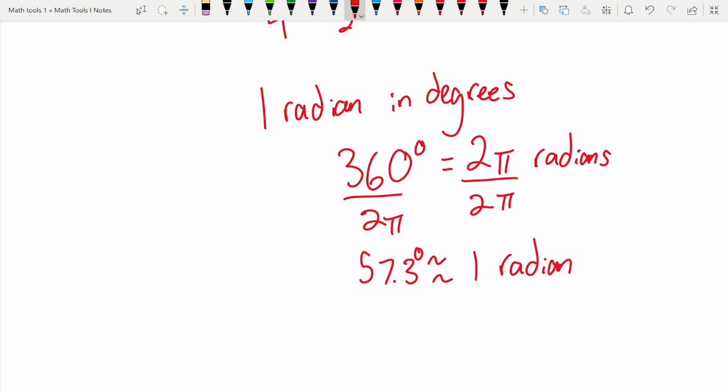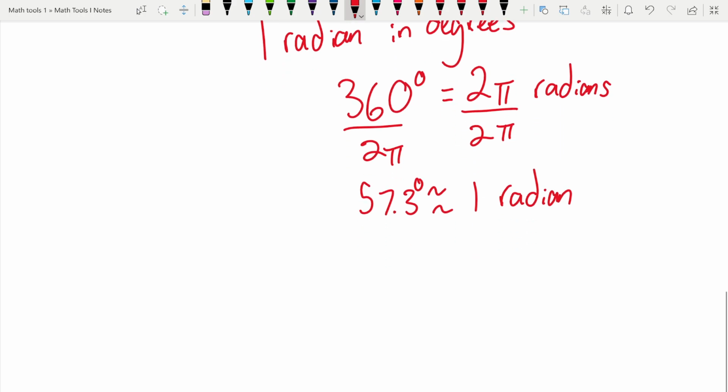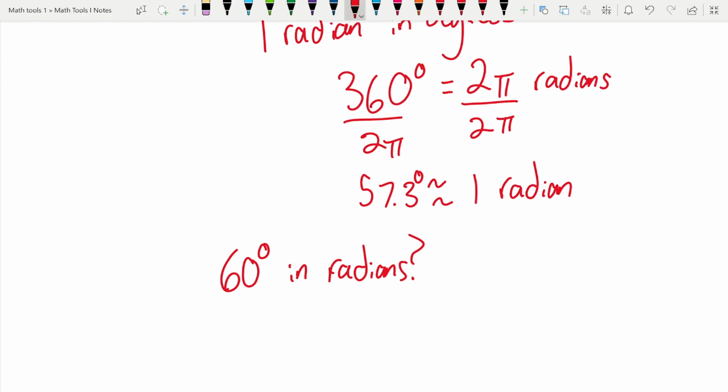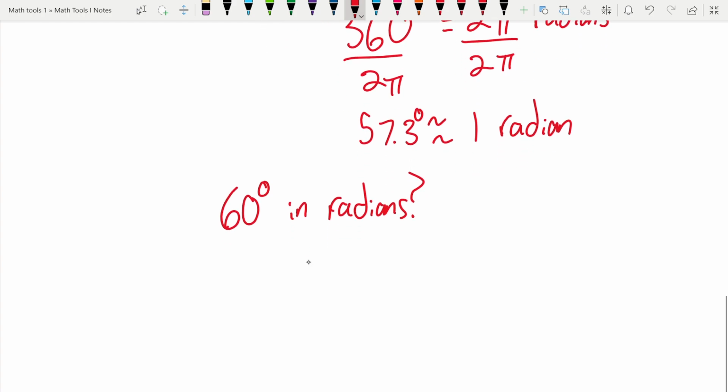Maybe we want 180 degrees, or let's just do a random one. Let's just do 60 degrees, for example. 60 degrees in radians. Again, we know 360 degrees equals 2 pi radians.